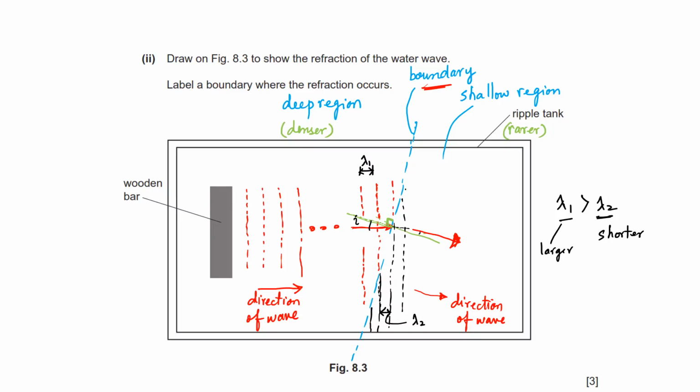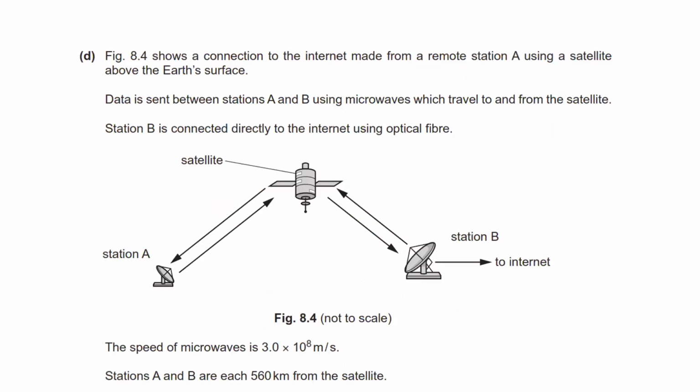Okay, so moving ahead, question number D. It says figure 8.4 shows a connection to the internet made from a remote station A using a satellite above Earth's surface. The data is sent between the stations A and B using microwaves which travel to and from the satellite.